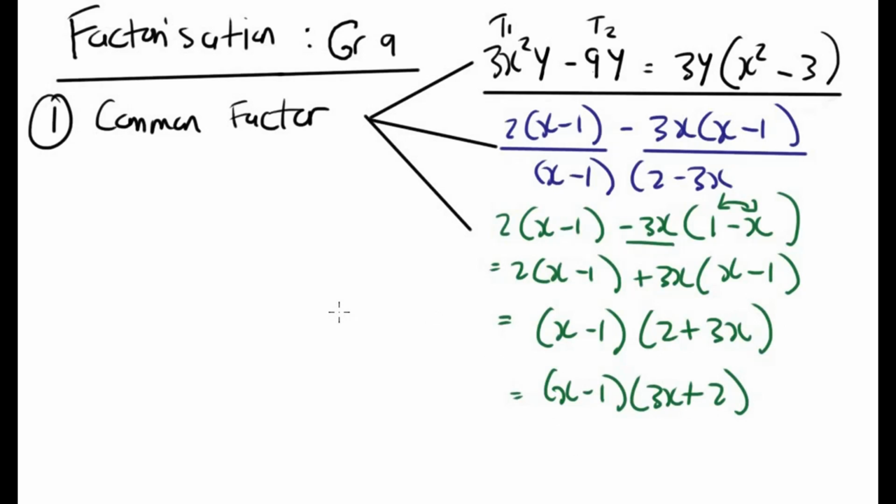Then the next type of factorization that we did after common factor was DOTS, difference of two squares. So number 2 in terms of factorization is DOTS, difference of two squares. In this case, you need to be able to first identify it.